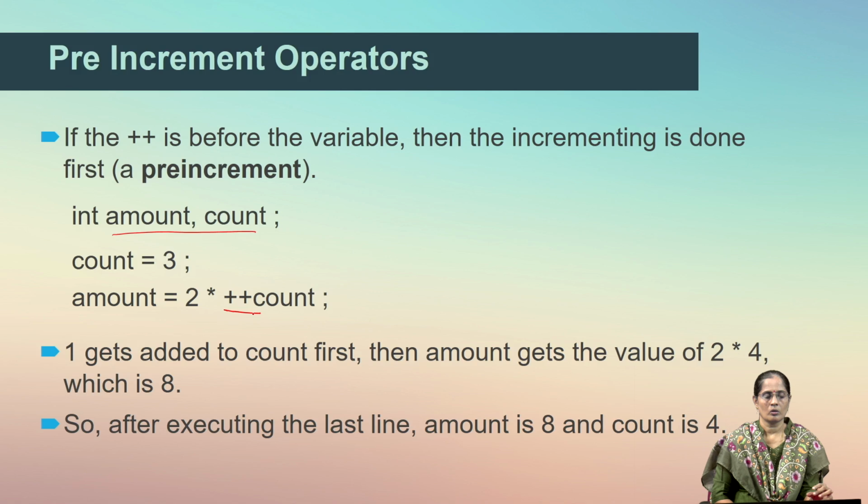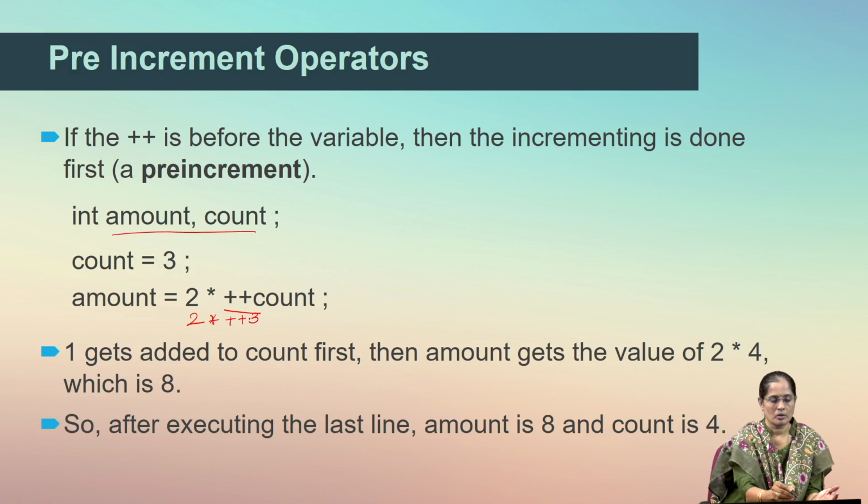Here also the operation will be done in 2 steps. The first step will be 2 into plus plus count. So, plus plus count value is 3. Now, the variable's value will be incremented first and then it is applied in the multiplication. When it is incremented, it becomes 4.